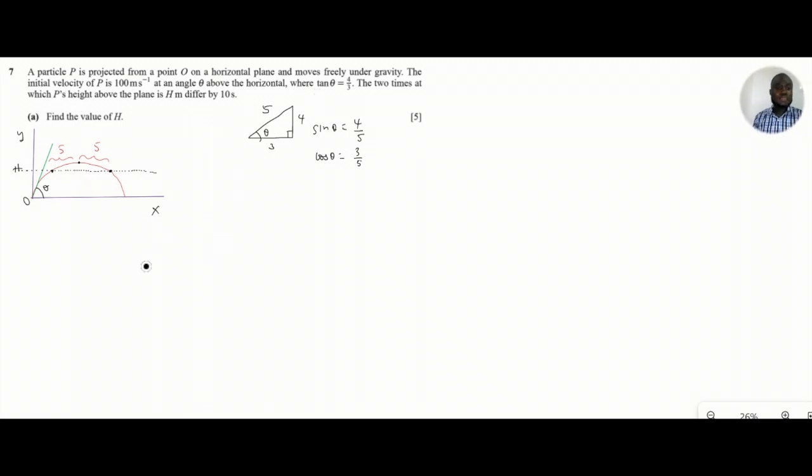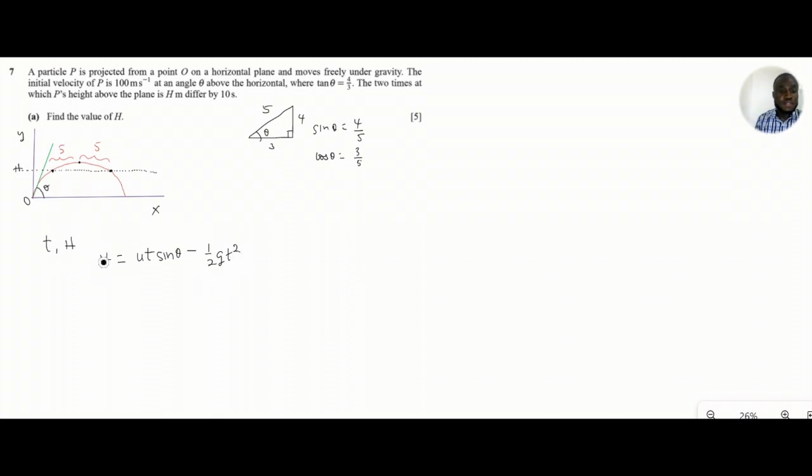Another way we can look at this same problem is to say that let t be how long it took to get to the height h on the way up. Alright? So that h should be equal to 80t sine theta minus half gt squared.